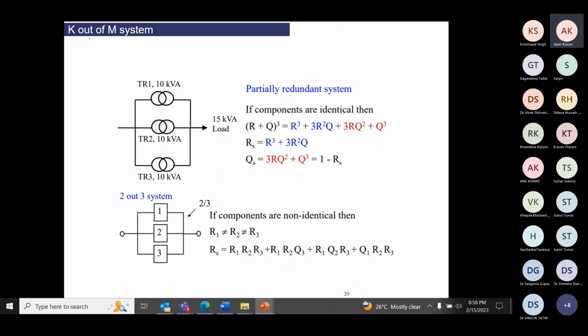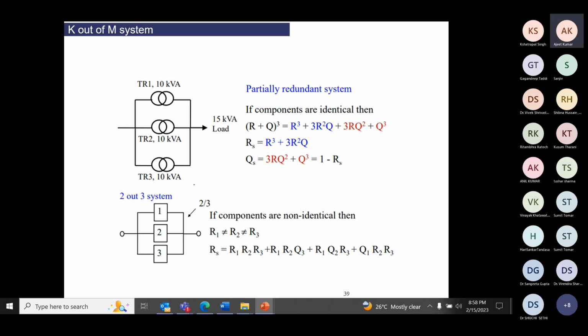The plane will run if any 2 engines are working. There are many such systems in design. Safety-critical and real-time systems are designed as K out of M systems. It means there are 5 systems and any 3 must work, like here 2 out of 3. The system will work if any 2 systems are working.